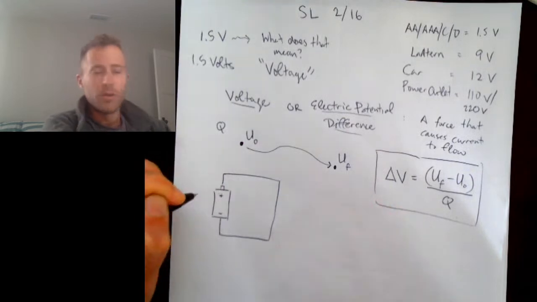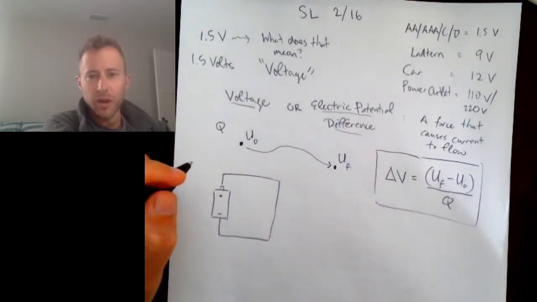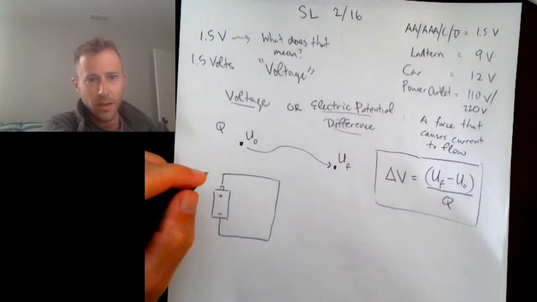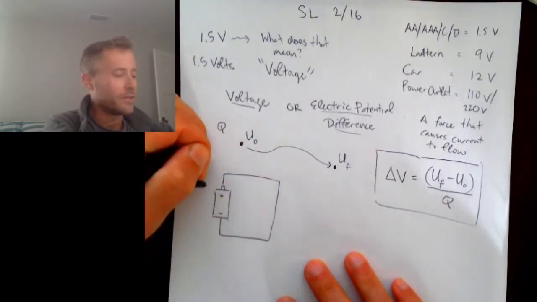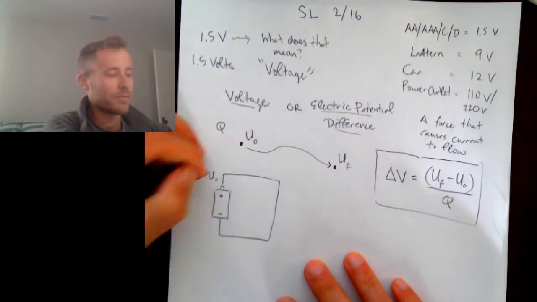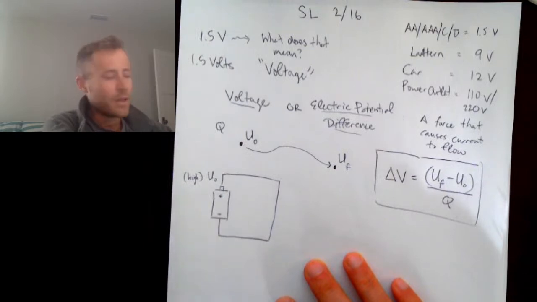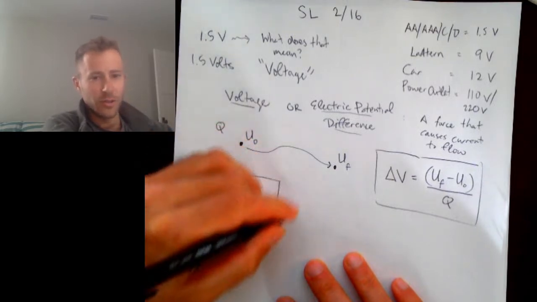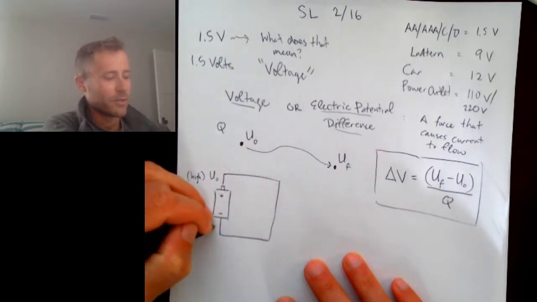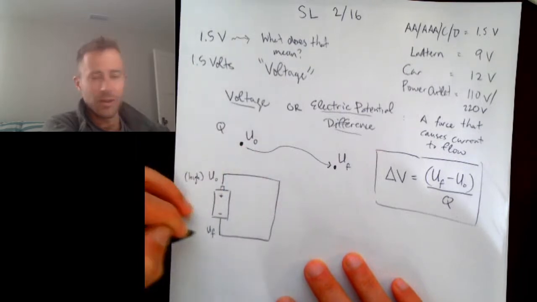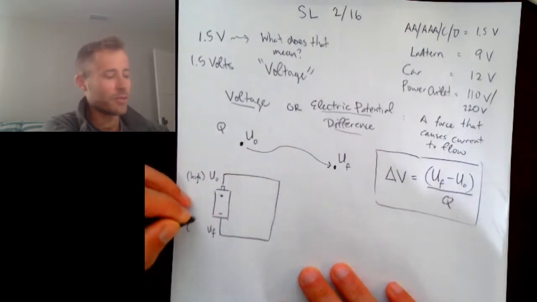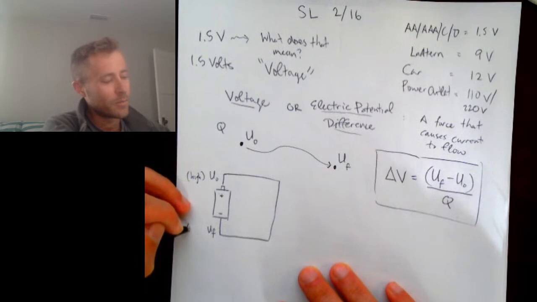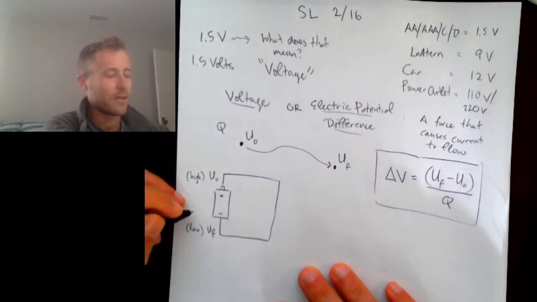When the charge comes out of the positive terminal, it has a high potential energy. And then it goes around the circuit and it comes back to right here. And when it arrives at the negative terminal of the battery, it has some final amount of potential energy, which is low.